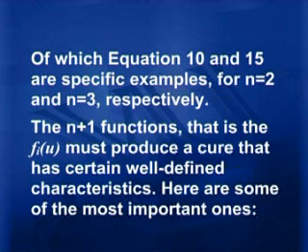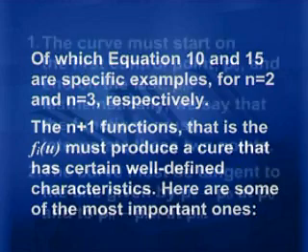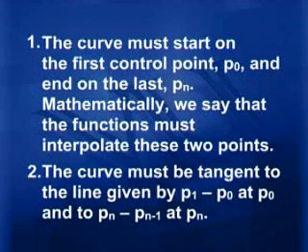N plus 1 functions, that is the Fi of u, must produce a curve that has certain well-defined characteristics. And here are some of the most important ones that we must keep in mind. First, the curve must start on the first control point P0 and must end on the last control point Pn.